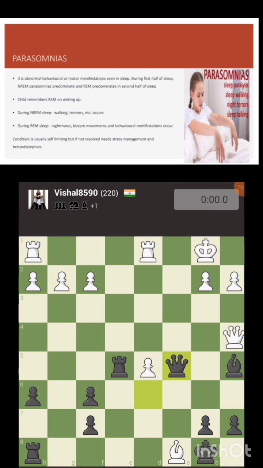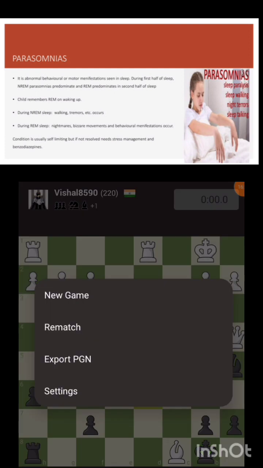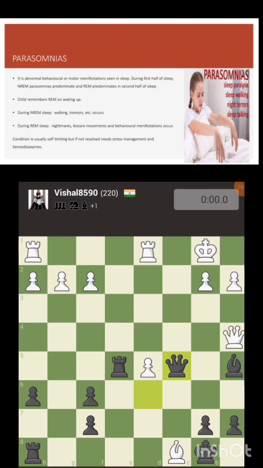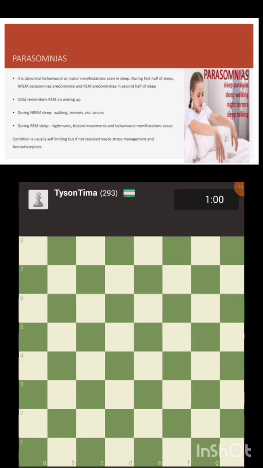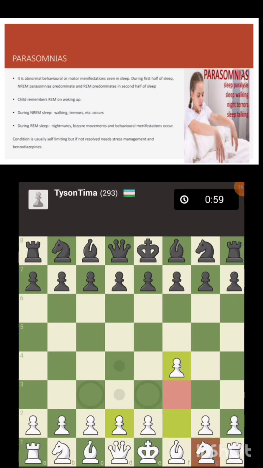Parasomnia is abnormal behavior or manifestation seen in sleep. During the first half of sleep, non-REM parasomnias predominate, and REM predominates in the second half.